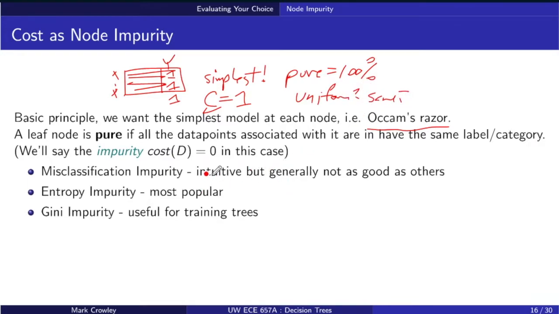And so there are different ways you could come up with this cost. Any cost function you can apply to these data points to penalize when they're not pure, right? If they're all at the same label, that's easy. If they have some other value, then you just have to do some math.